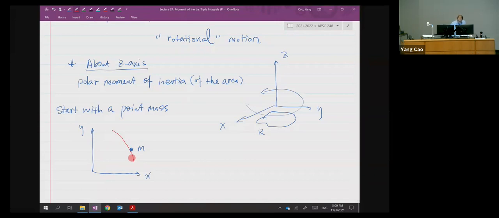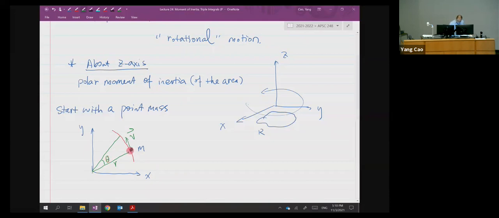Then you can sketch a velocity, right? And its position will be R here. After a little bit of time, the point mass experiences an angle of rotation theta.